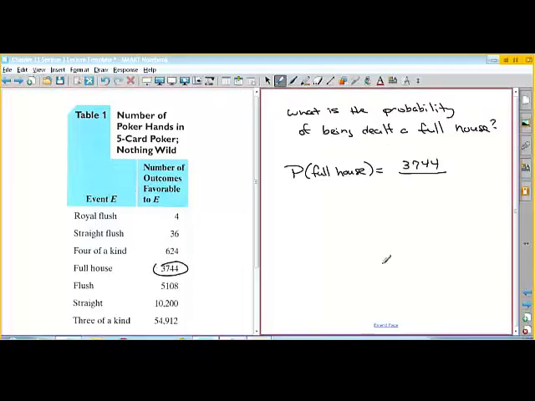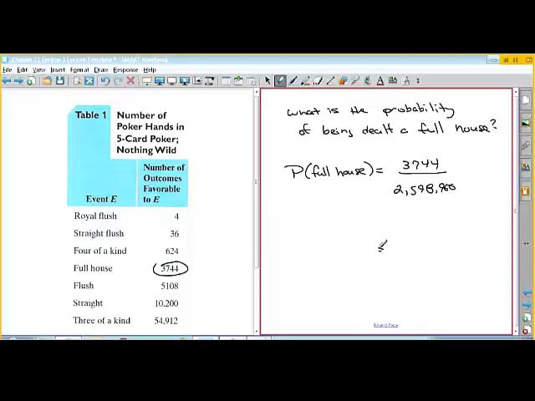So there are 3,744 possible full house hands, and the total number of 5-card hands is 2,598,960. So we just take the ratio of those two.